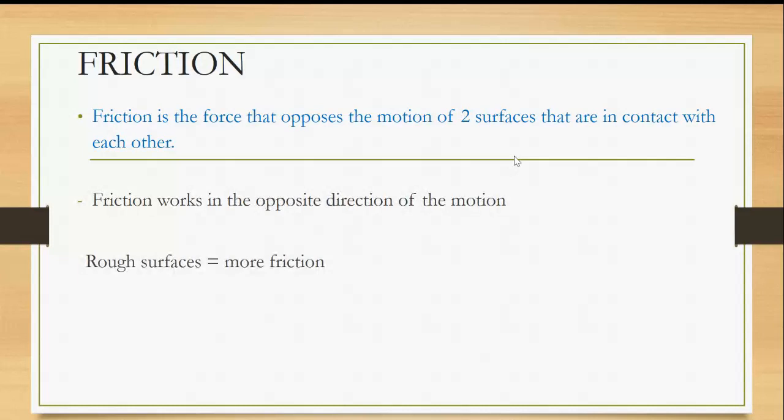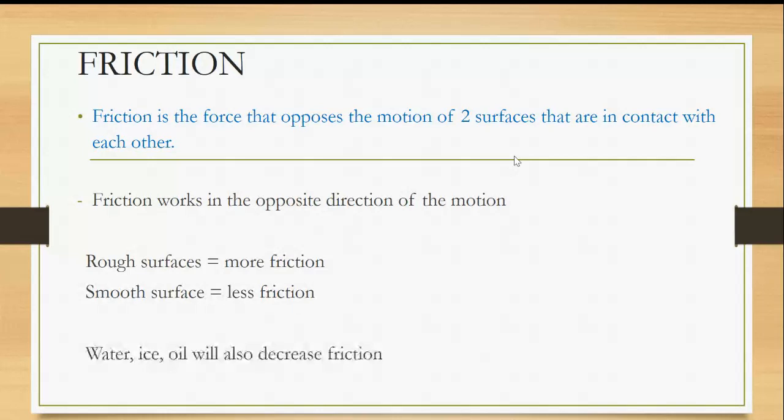Rough surfaces will have more friction. If you think about something that's rough versus something that's smooth, which one can slide more easily? It will be the smooth object. So smooth objects have less friction, which means they move across their surfaces more fluently, less inhibited.